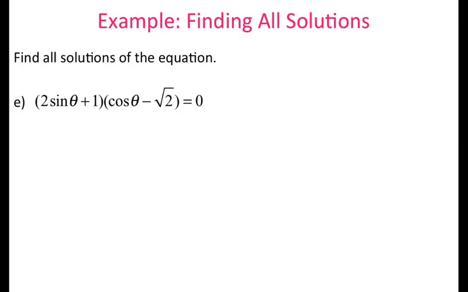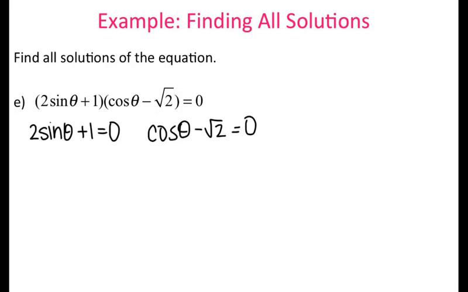All right, so still solving equations. This one you have two expressions being multiplied by each other where it equals 0. So for this you're solving by factoring. So I'm going to go ahead and set both factors equal to 0. So I have sine of theta plus 1 equals 0. And then cosine of theta minus root 2 equals 0.